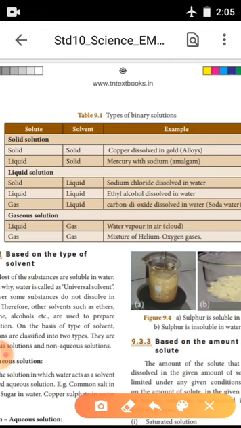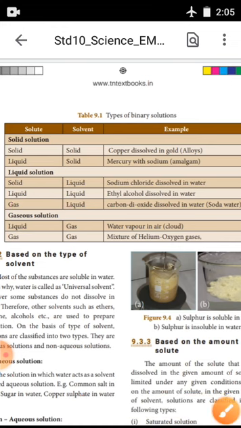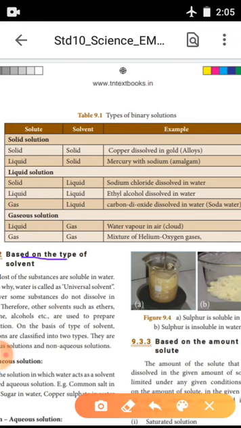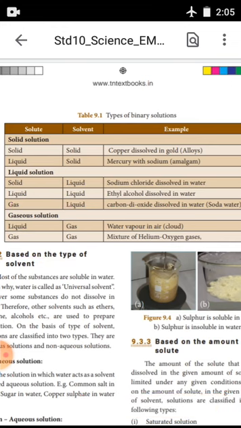Then third type, gaseous solution. See the first one, liquid and gas. So see the example, water vapor in air. Then second one, gas in gas.